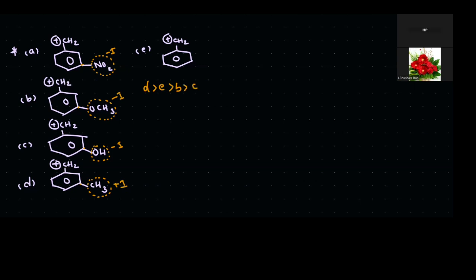This is the stability of the benzyl carbocation with respect to the given groups, either minus I or plus I groups. So whatever compounds are given in the positions, based on that we have to identify the stability of the benzyl carbocations. Next, another example.